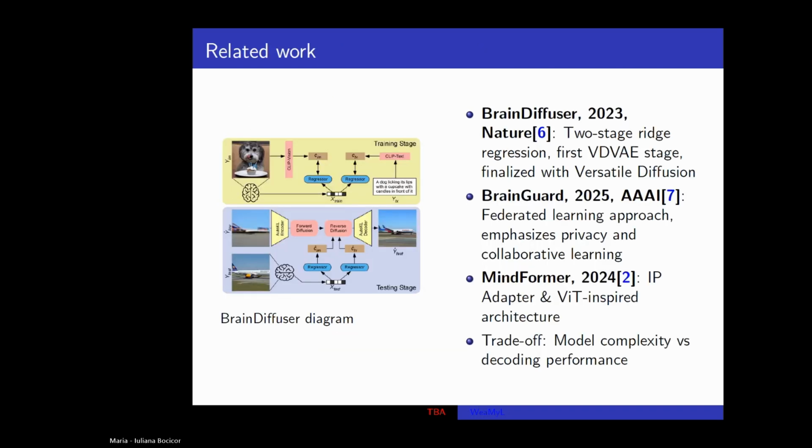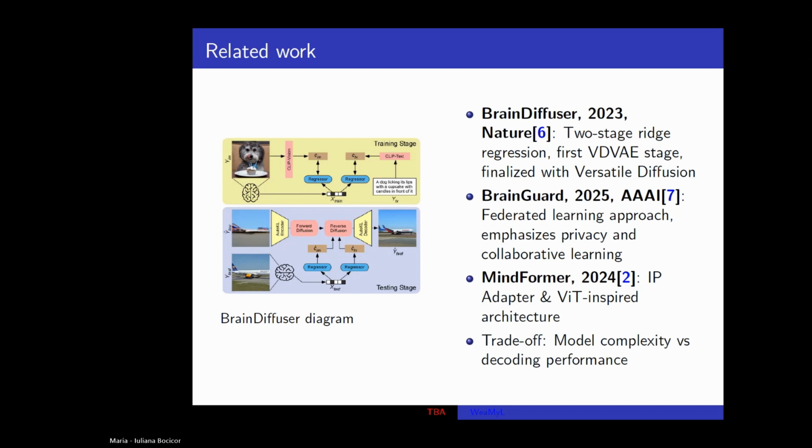So now I'm going to explain some parts of the related work that I relied on. There's Brain Diffuser, which was published in Nature, which was a highly influential paper on this topic. They used just simple regression, but they had 2 stages.